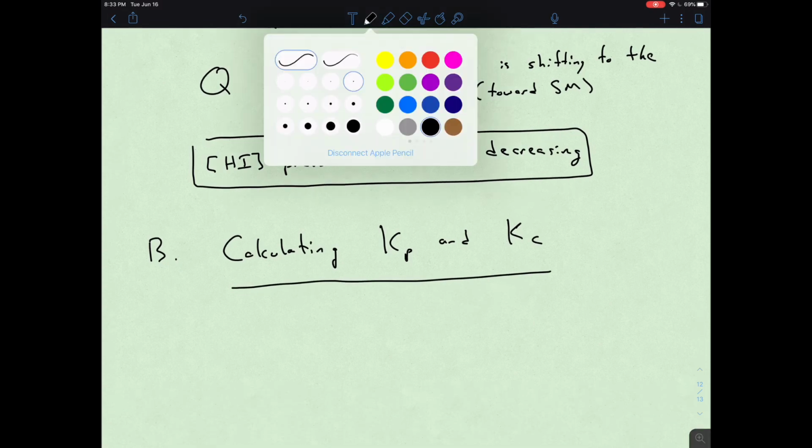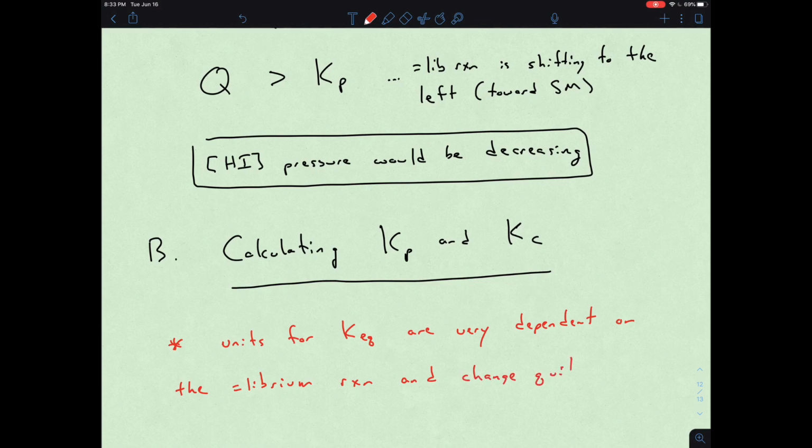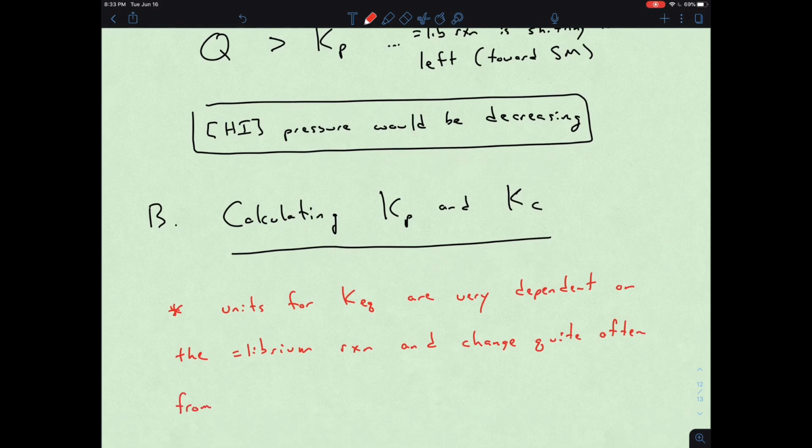So the first thing that we need to address is that the units for Keq are very dependent on the equilibrium reaction, and change quite often from one reaction to another.